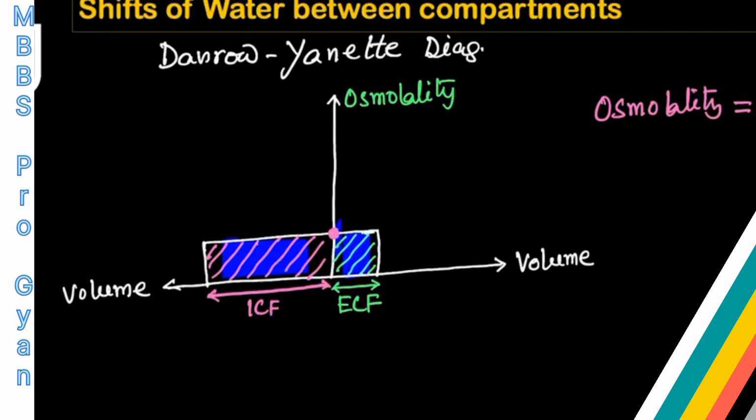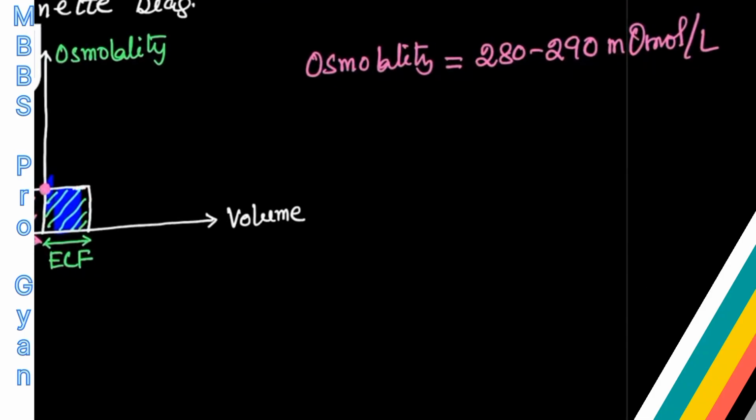How this Darrow-Yannet diagram will change, that we are going to discuss. But to understand this topic, you have to understand what is the meaning of this word tonicity, because we will be discussing the effect of hypotonic or hypertonic or isotonic fluid.